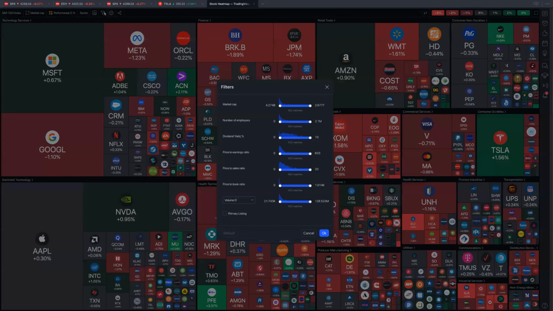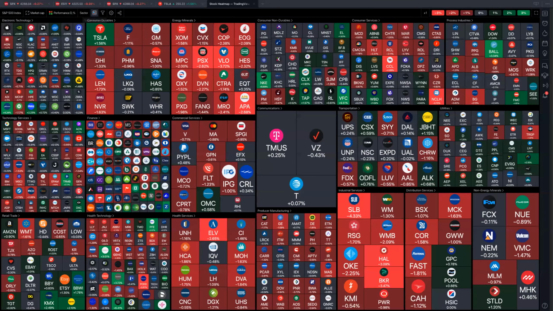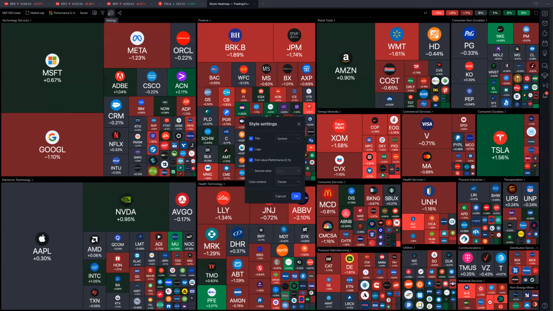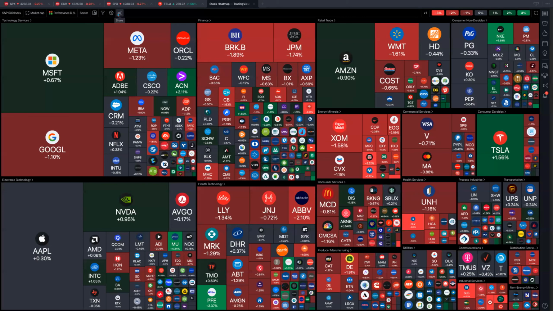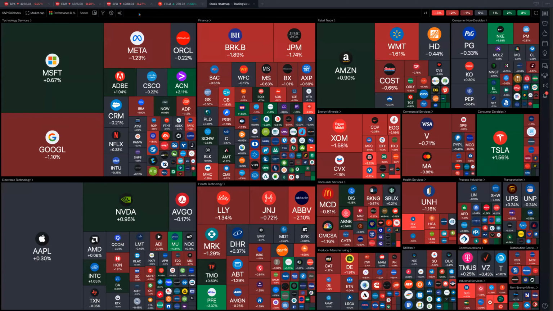We have your filters over here, by market cap, number of employees, all that fundamental stuff. The heat map layout, and your settings here. But yeah, you can click here to share the heat map. I often use this to share it with you guys. Just save image, or you can copy the link, and I can send it to you guys.